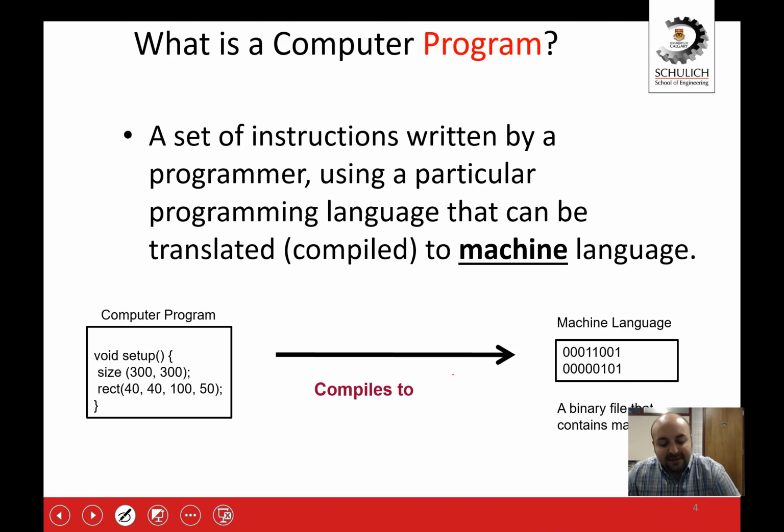Essentially, you have your computer program, and this computer program is compiled, meaning translated, to a series of ones and zeros, which is called machine language. And then the computer can understand and execute these commands.